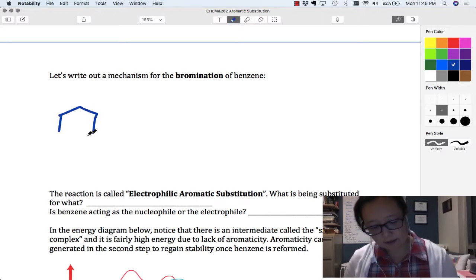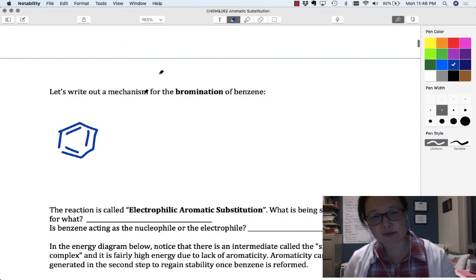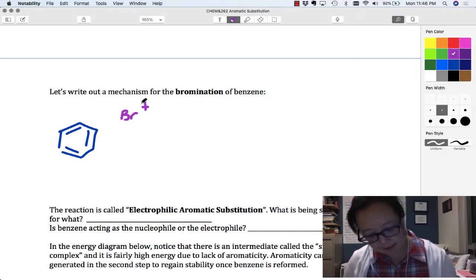So we start with benzene and we want to explain how we get a Br on here. How does this reaction work? First, let's use this Br plus, because that's the result of all that. If I have a, quote, Br plus, then my nucleophile is the benzene ring and my electrophile is the Br plus.